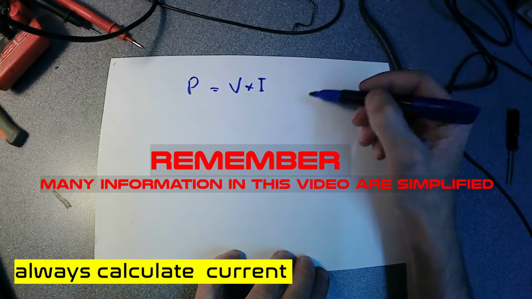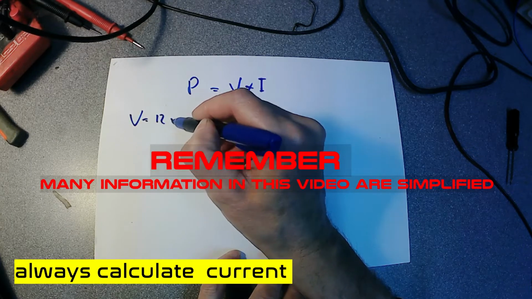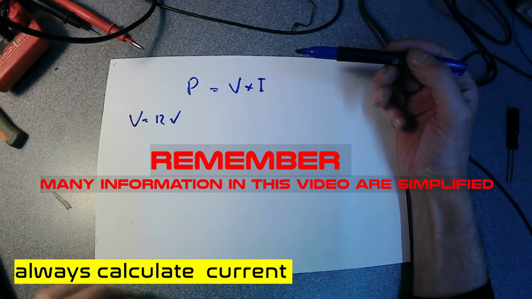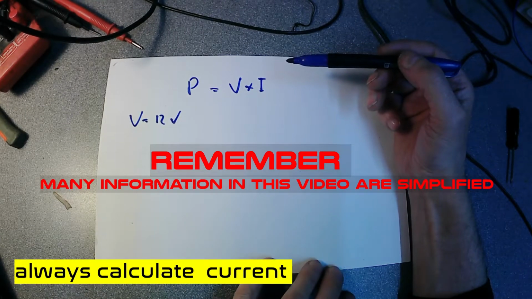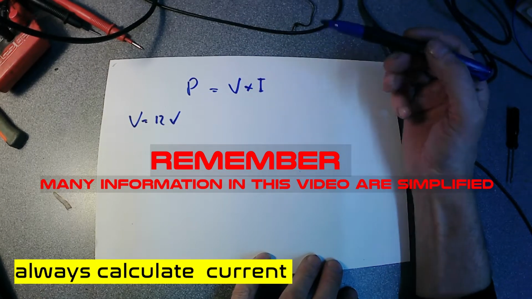We know the voltage in the system is usually a bit higher, but we usually use 12 volts as a standard voltage. It's usually 12 by something, but we can use 12.